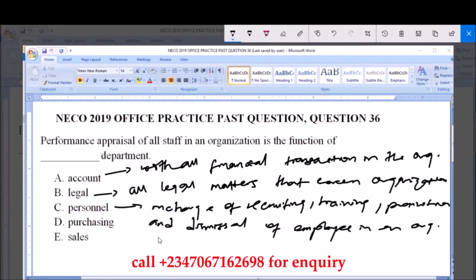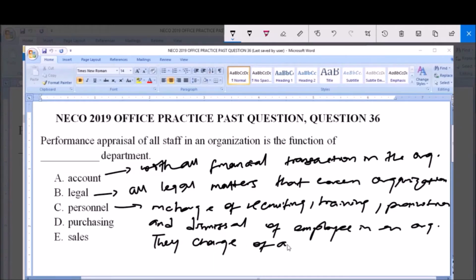So their sole responsibility is to take charge of all staff matters, be it recruitment, training, promotion or dismissal. It is the function of the personnel department.